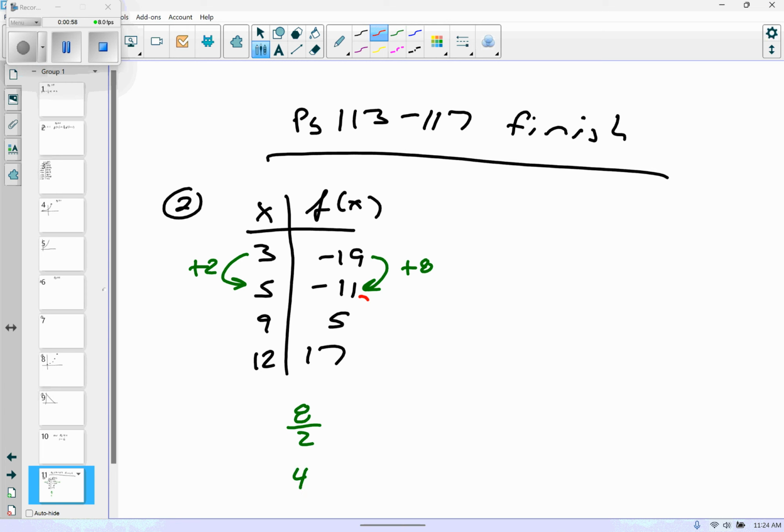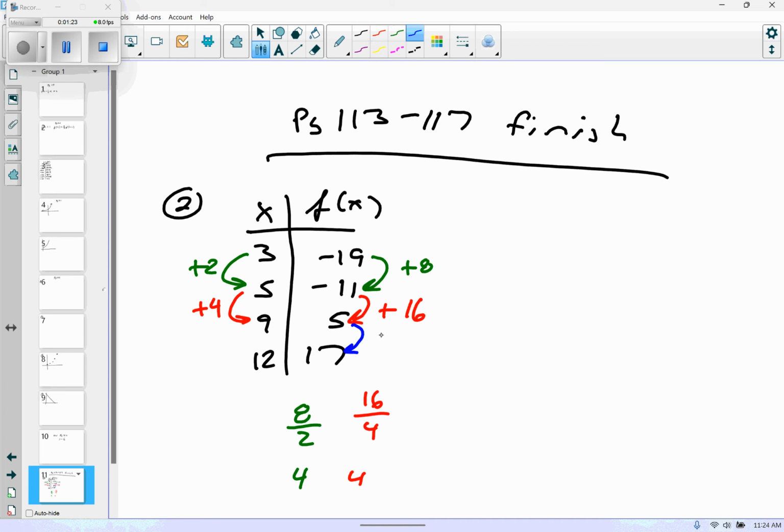But if you look from here to here, it looks like I added 16 to that, right? What did I do here? I added 4. Oh, wait, I get 16 over 4, which is also 4. So notice it could change, but the slope stays the same.